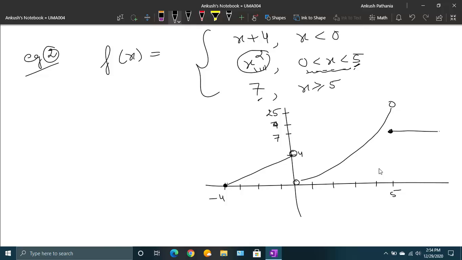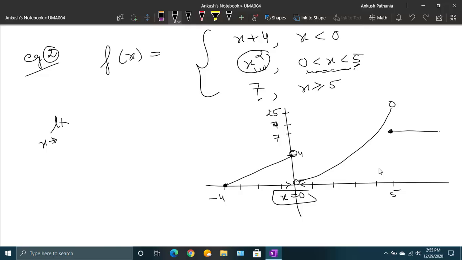So clearly you can see now, it is a piecewise continuous function. Even from the graph it is crystal clear that the function has jump discontinuities. At x equals 0 you have a jump discontinuity: the limits from right hand side and left hand side both exist, but they are not equal.